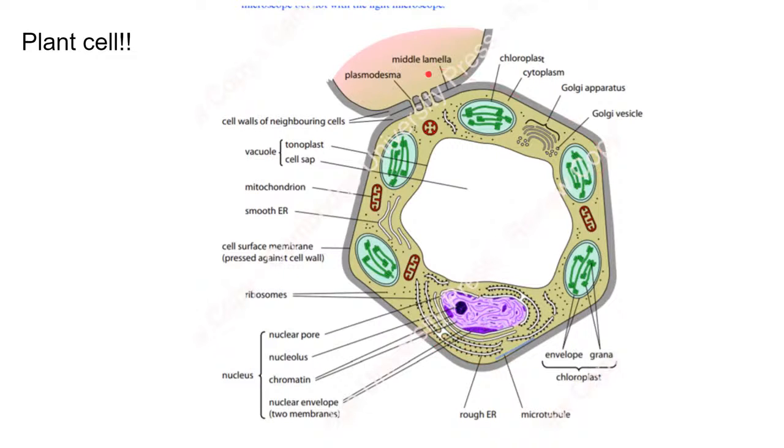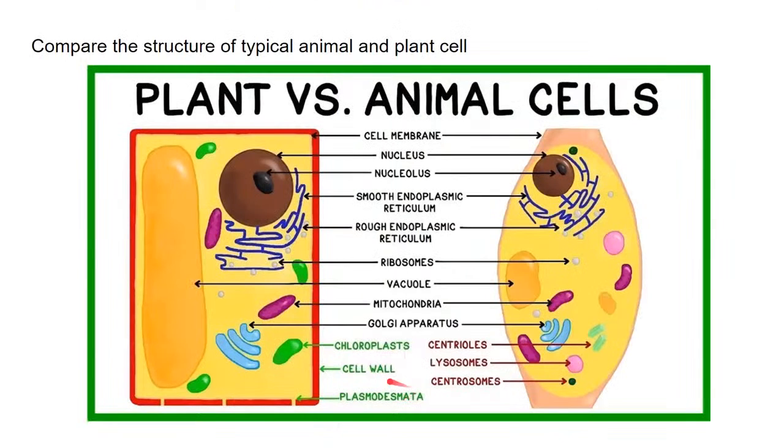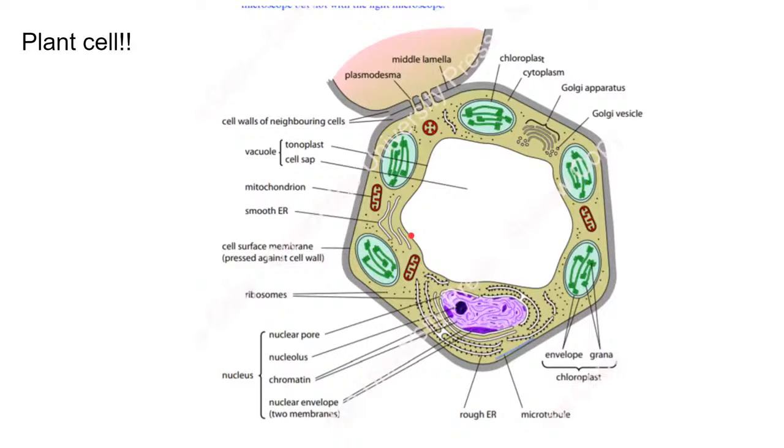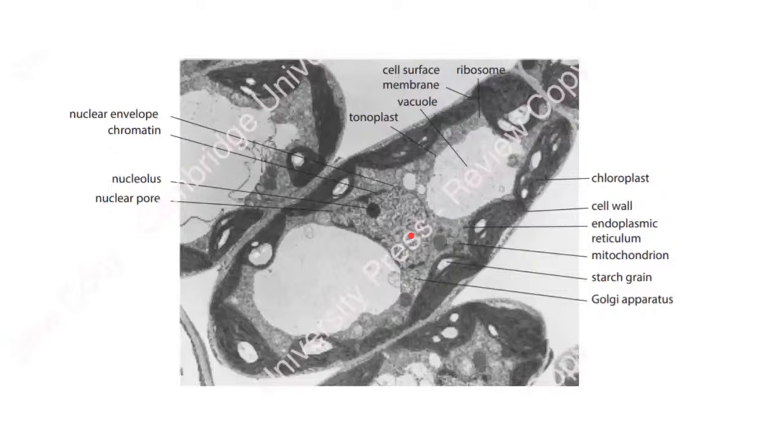And looking at this cell, between these two cells, if there are holes present, these holes are called plasmodesma. A couple of them are called plasmodesmata. So that's the important stuff here. Remember, plasmodesmata, a couple of holes between plant cells that are not present in animal cells, right?